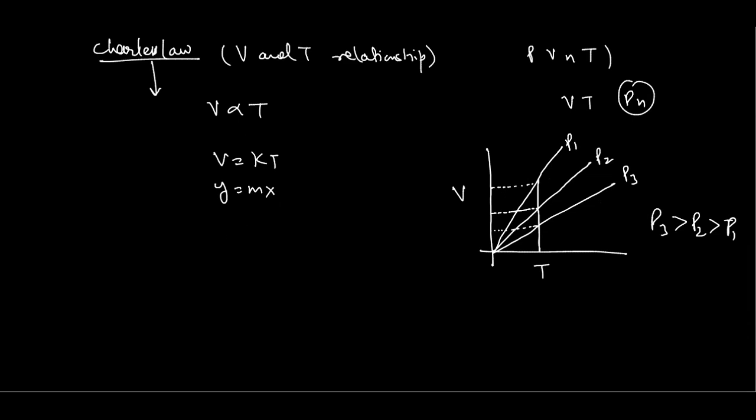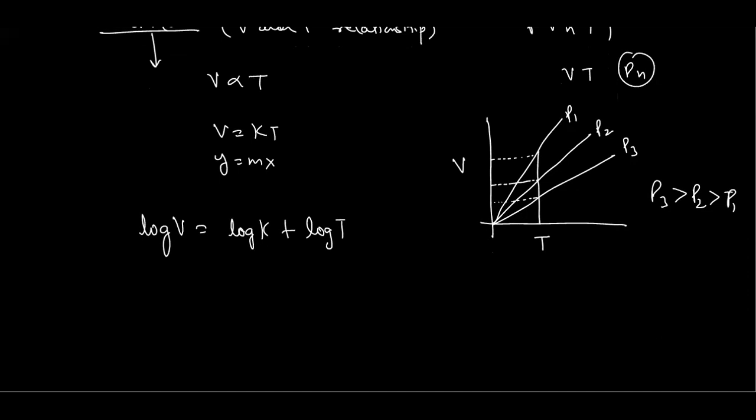Now moving to the next, if we take log on both sides of this equation, then log V is equal to log k plus log T. Got it? समझ आया कैसे होगा? So you can write log V is equal to log k plus log T. What could be the graph of this equation?